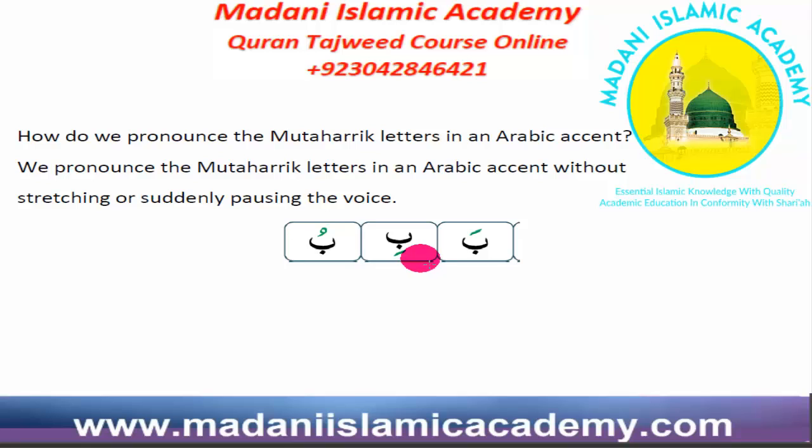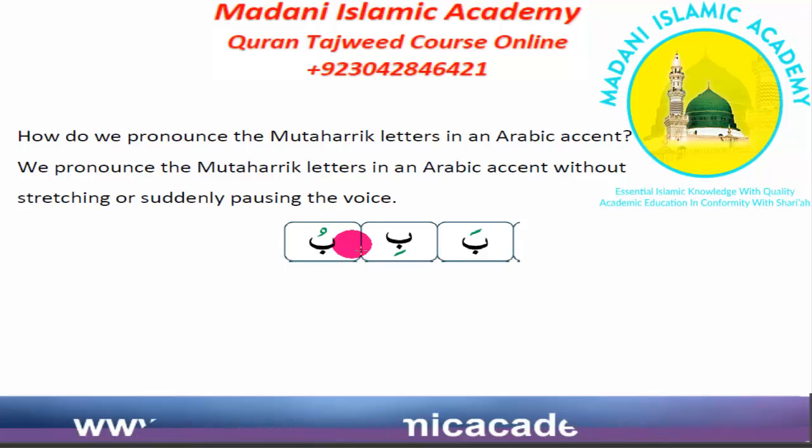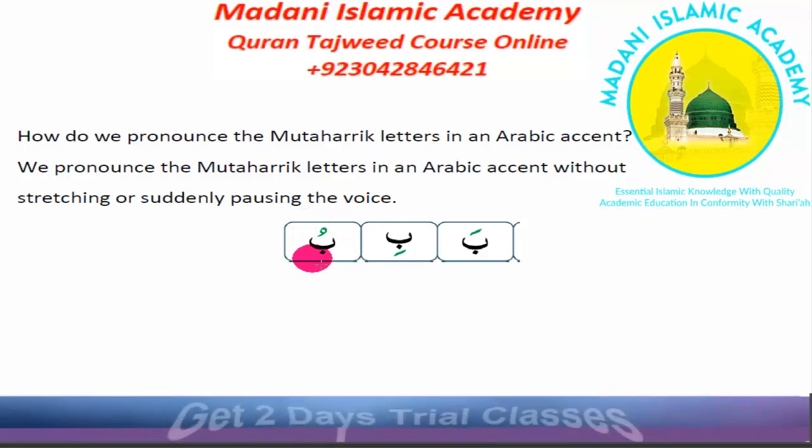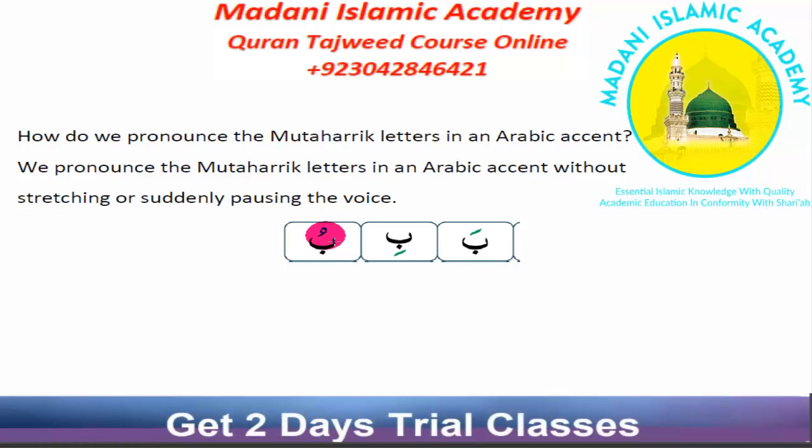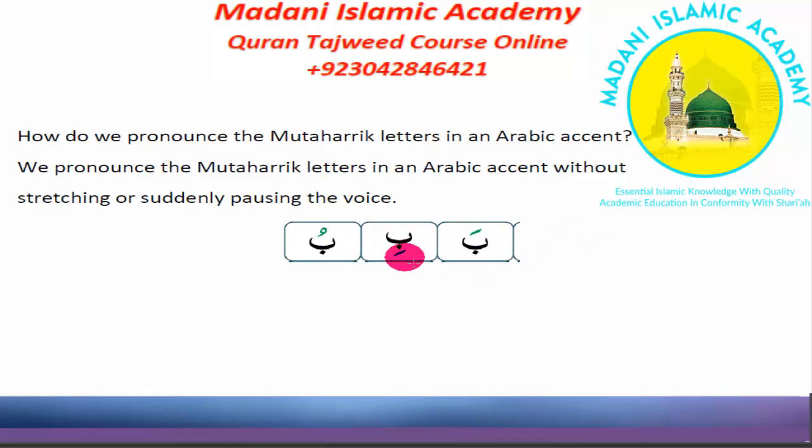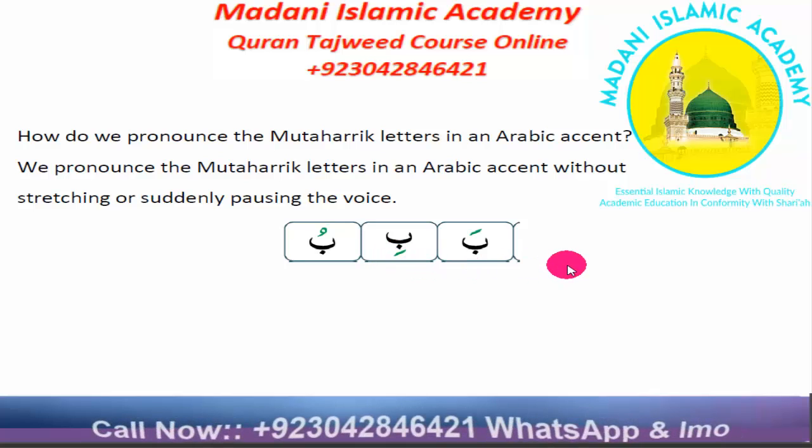It is called mutaharrik letter. Ba is mutaharrik letter. And here Ba is also mutaharrik letter because it has harkat pesh on it. Zabar and Pesh are placed above the letter, whereas Zair is placed below the letter.